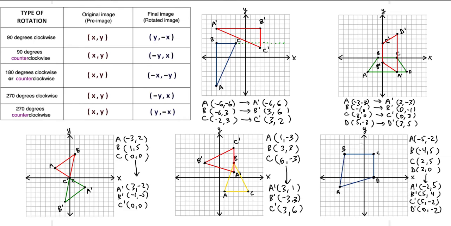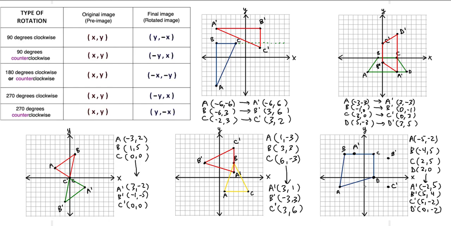Okay, so let's see. Negative 5, negative 2 becomes negative 2, 5. Then 5, 4, that's here, B prime. 5, negative 2, that's C prime.